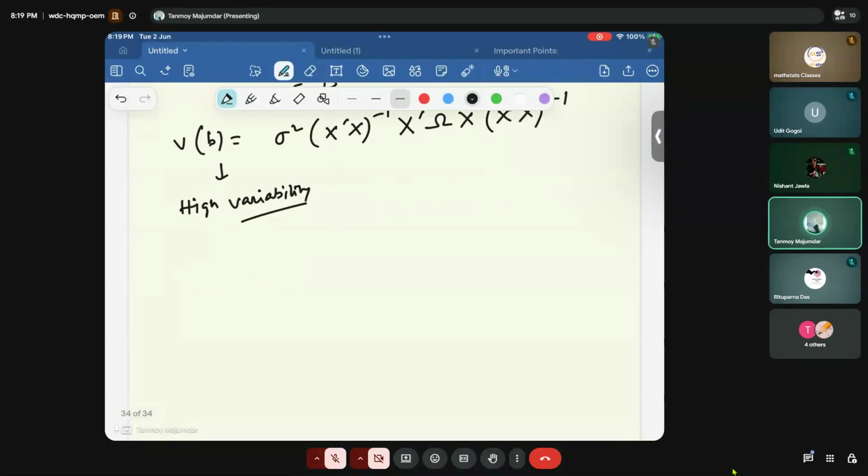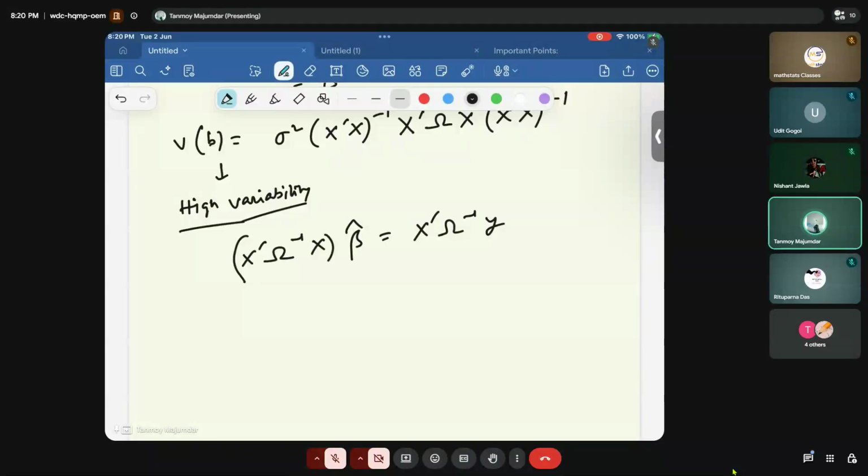So we will be changing the normal equation. मतलब जो normal equation था उसको change करके we will be getting x dash omega inverse x beta hat that is equals to x dash omega inverse y. So what we are incorporating, we are just incorporating omega inverse.